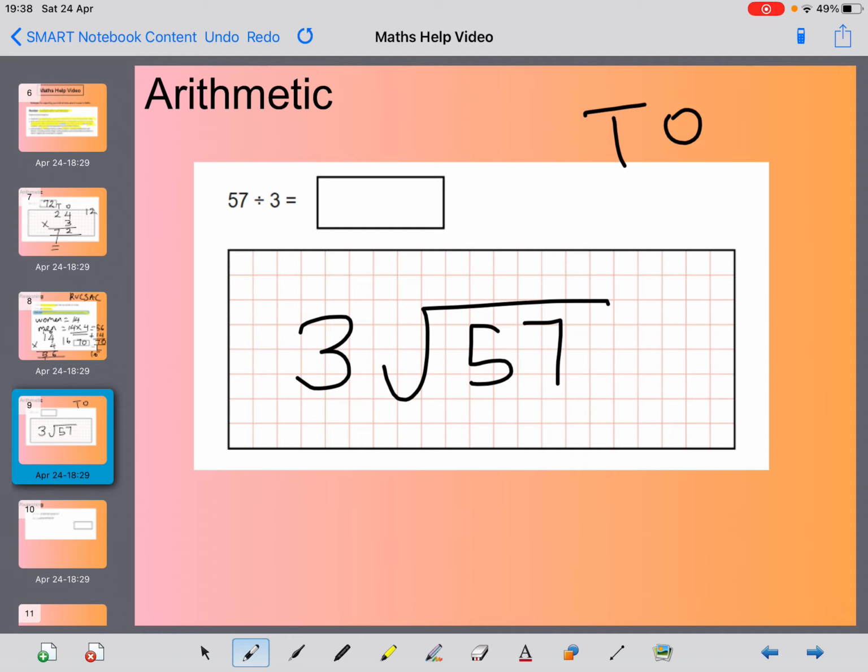So how many groups of 3 can I get in 5? I can get 1 group of 3 with a remainder of 2. My remainder I put here, and then I go on to the next step. I divide the ones. Here we have 27 ones. So 27 divided by 3 gives me 9. So 57 divided by 3 is 19.